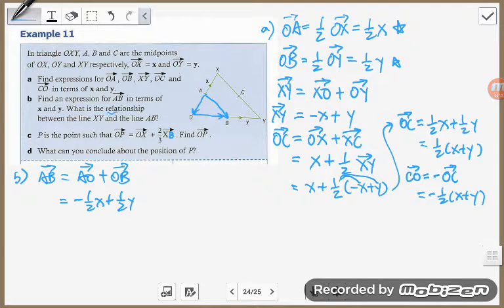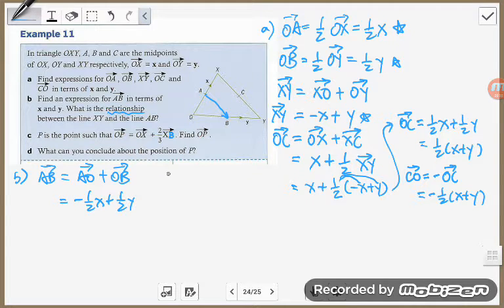Now the second part, what's the relationship between my XY, this line right there, and my line AB? From the picture, it looks as if they are parallel, but we need to actually prove that they are parallel. So how do we do that? I'm going to compare my vector AB with my vector XY.